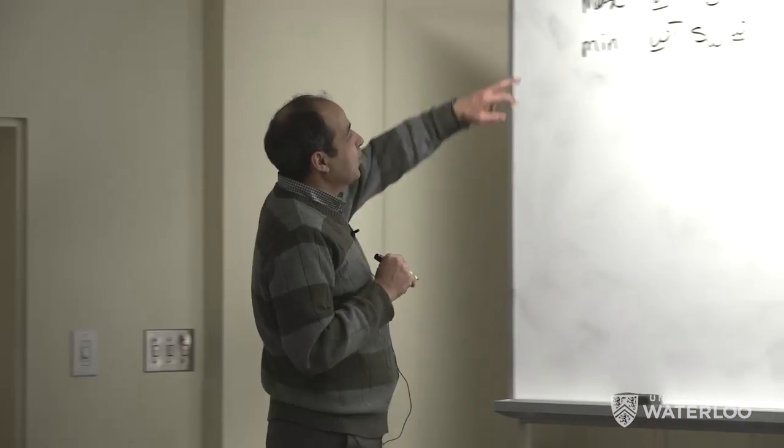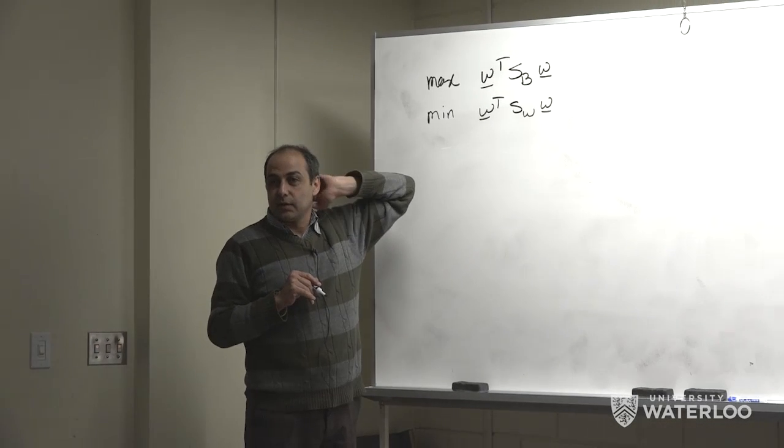So how can I do this simultaneously? I want to do both of these two at the same time: find the W which maximizes this and minimizes this.